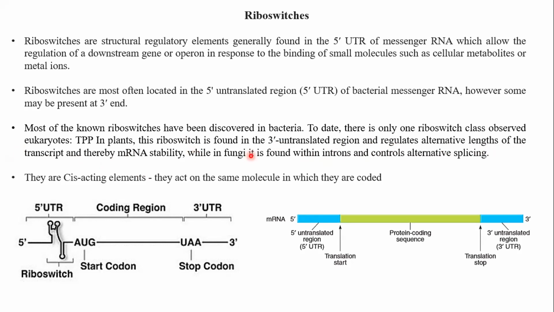In fungi, it is found within introns and controls alternative splicing. So in plants, this riboswitch is controlling alternative lengths, so this could be the site of polyadenylation. And in fungi, it is within the introns and controlling alternative splicing. So riboswitches can have diverse functions.